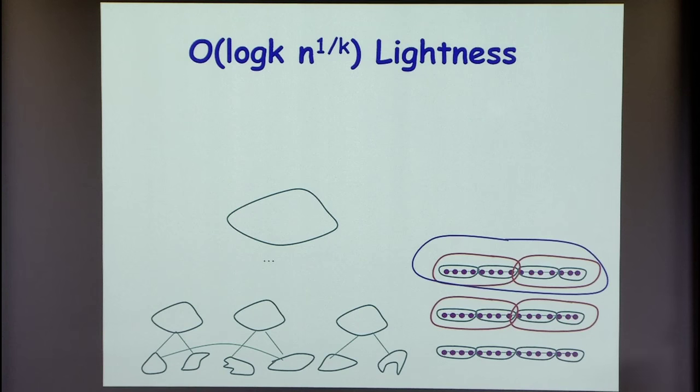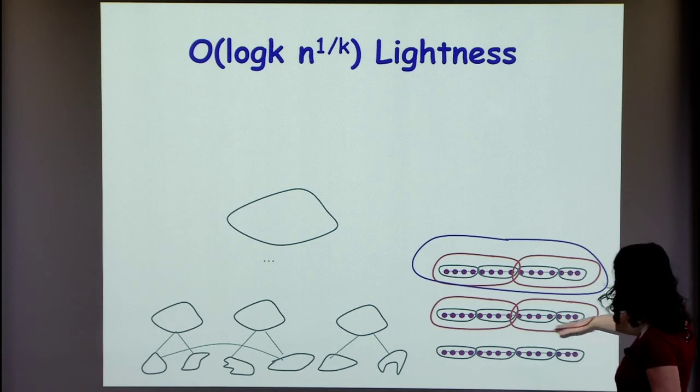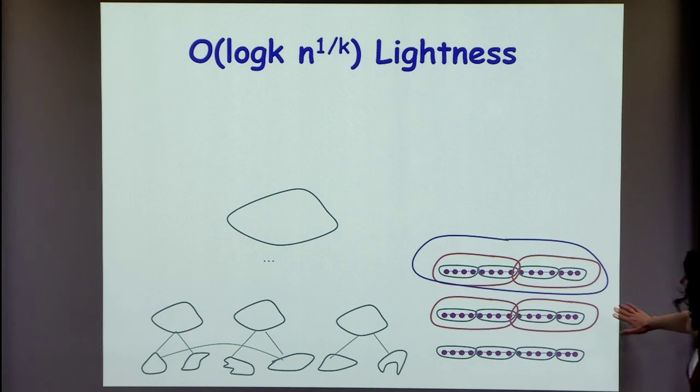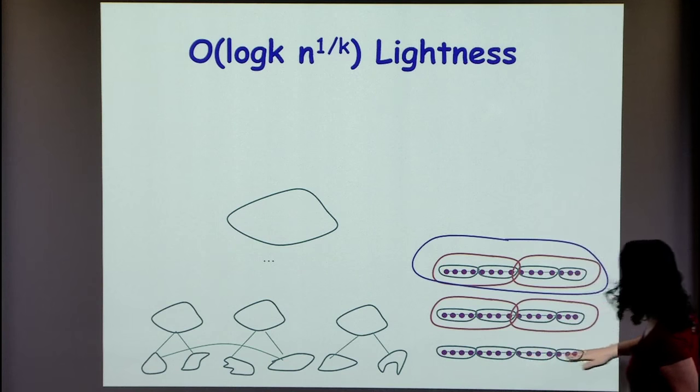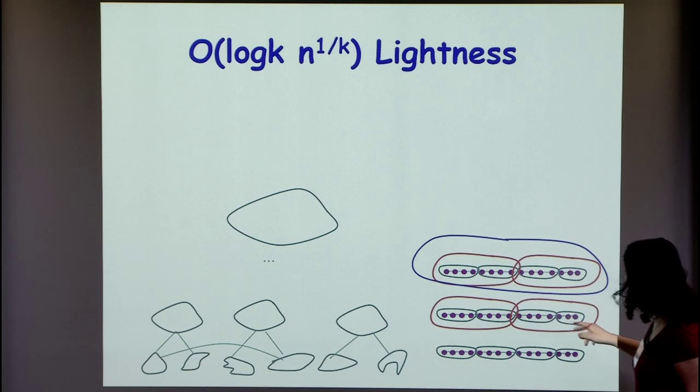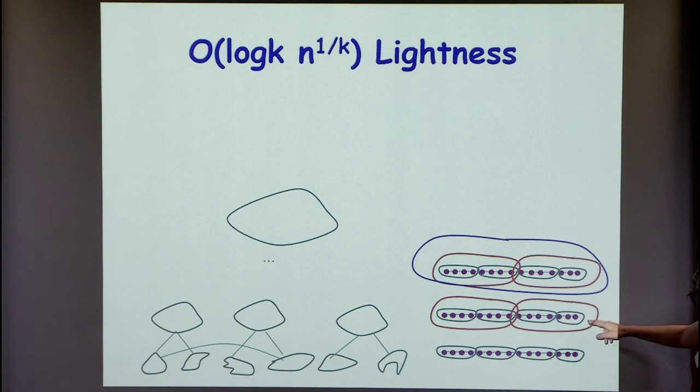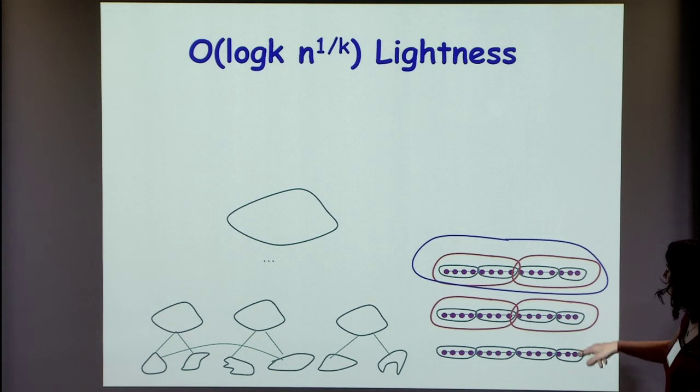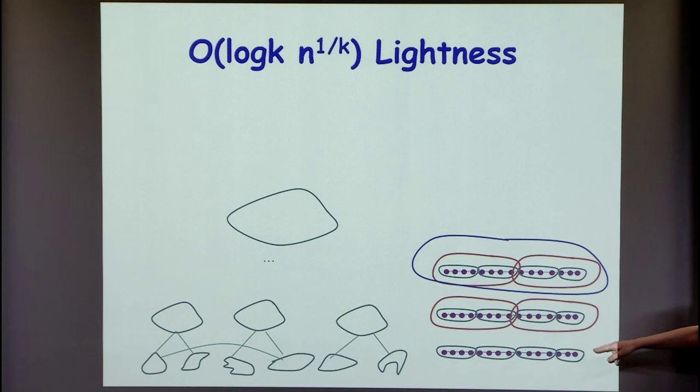But we can do it in a bit more hierarchical way, such that this is our initial clusters for the first level. Then in the second level, I can take clusters such that each cluster is just the disjoint union of some clusters from the previous level.